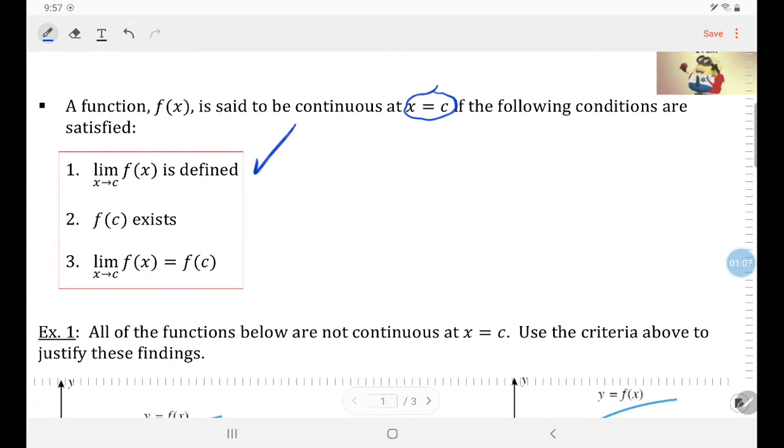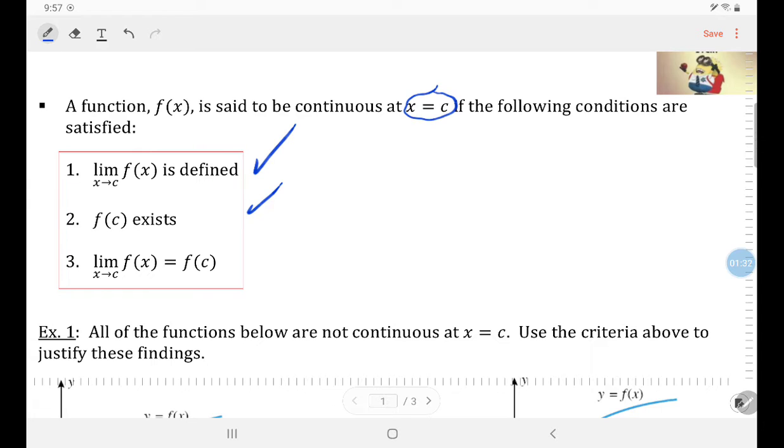Criteria number one, the limit as x approaches that value of c, whatever it might be, of the function f(x) must be defined. Again, for number one, that means your left limit has to equal your right limit at c. Number two, f of c has to exist. That's when you can plug into a function and you get a value, or a solid dot on a graph.